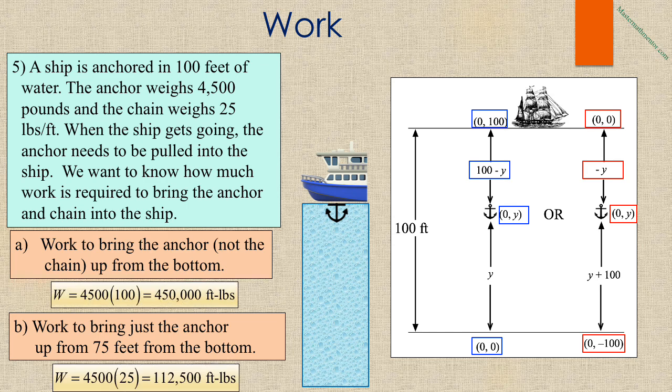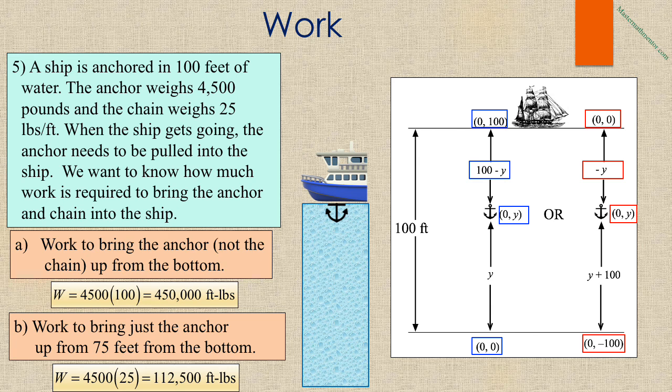This is not a calculus problem because we are moving the entire anchor, which always weighs 4,500 pounds, a finite distance. So we use our formula, work is equal to force times distance, and to bring it up from the bottom, we have 4,500 times 100, or 450,000 foot-pounds.